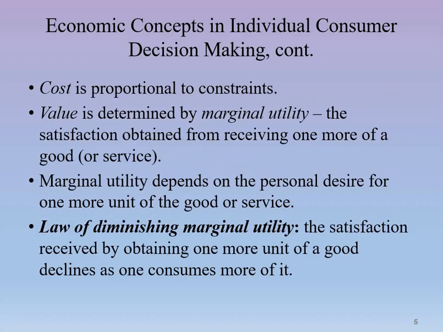Value is determined by marginal utility, the satisfaction obtained from receiving one or more of a good or service. Marginal utility depends on the personal desire for one more unit of a good or service. There is the law of diminishing marginal utility, which is the satisfaction received by obtaining one more unit of a good, which declines as one consumes more of it.